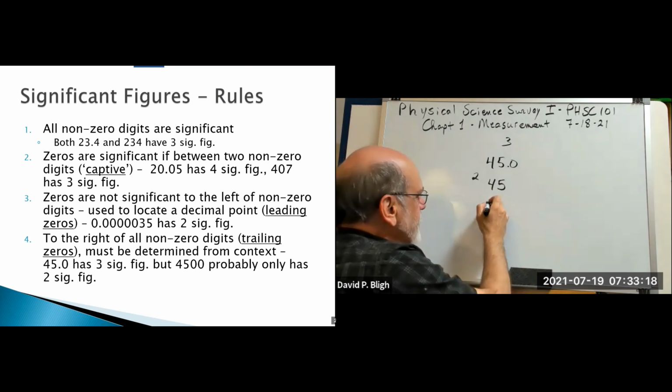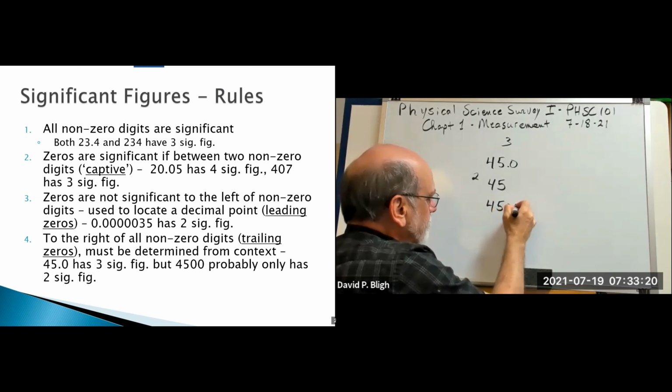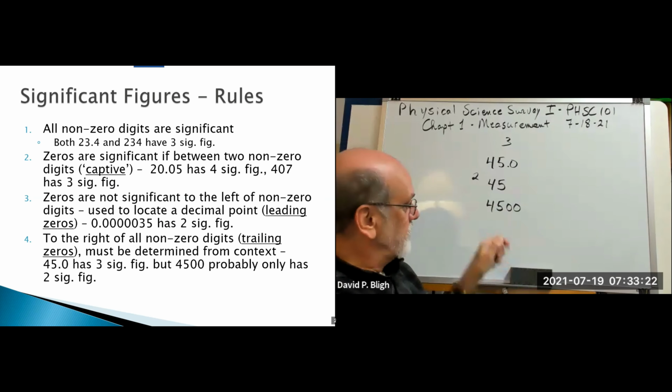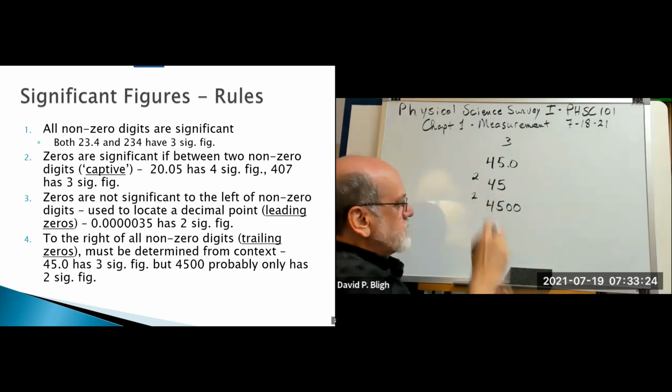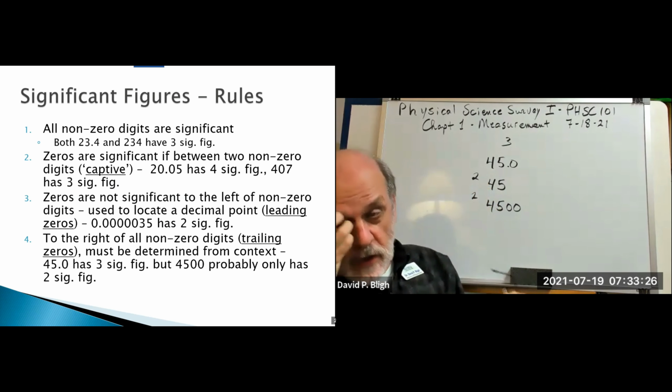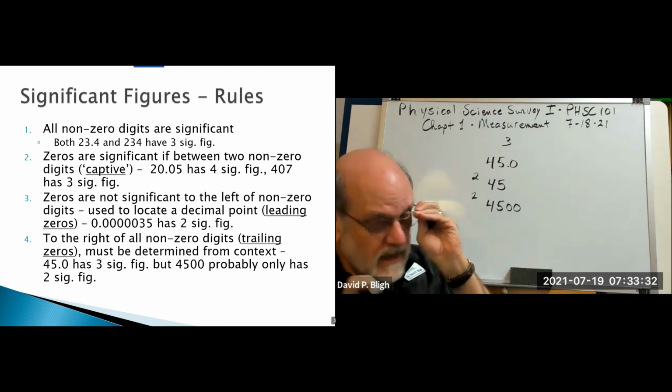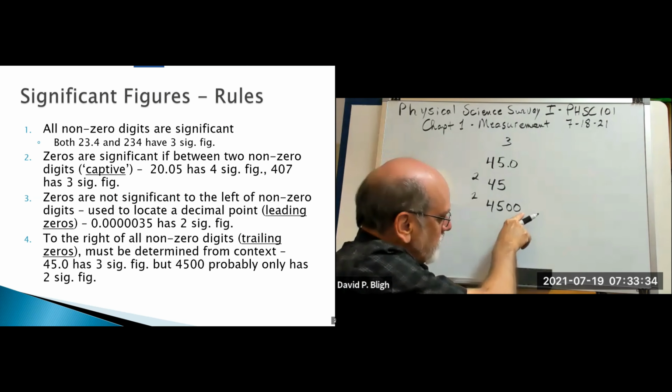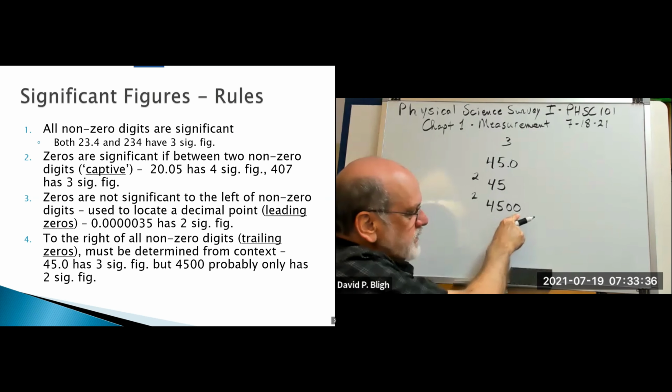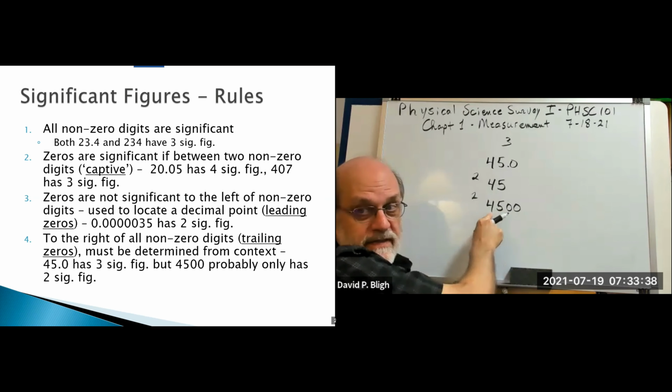Or if we wrote it like this. That's a different number, but it still only has 2 significant figures. Because there's no decimal point. There's no explicit decimal point in that number. There's an understood decimal right here, right? Because that's ones position, tens, hundreds, thousands.